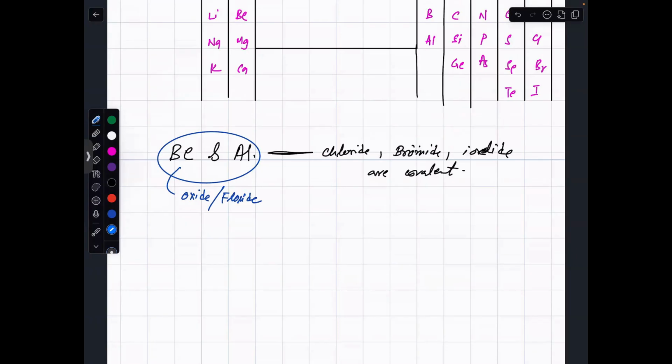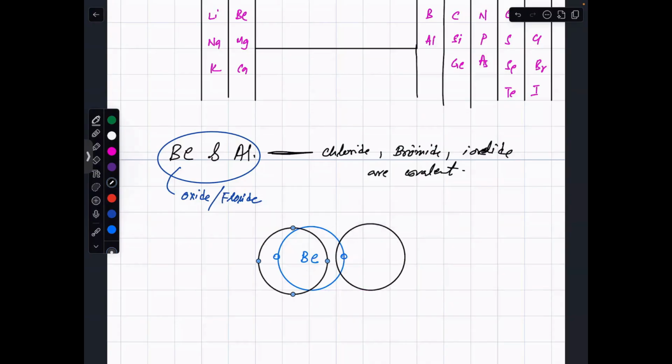But why am I writing these two? Look, this is beryllium. It's making a covalent bond with group 7, right? There are only 2 electrons in the last shell. There is one group 7 atom, chlorine or fluorine, anything. This is chlorine. 1, 2, 3, 4, 5, 6, 7.